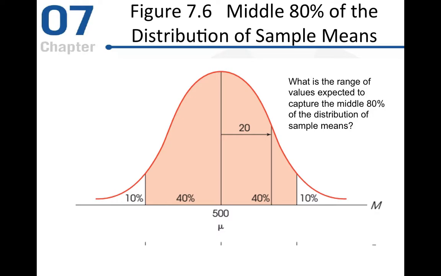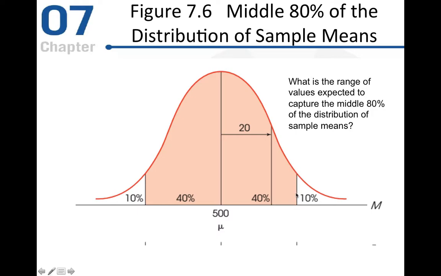So what we can do is we can go to our z-table and we can look for the column where it gives information on the proportion or the probability of obtaining a score or a sample mean between the mean and the actual score or sample mean.